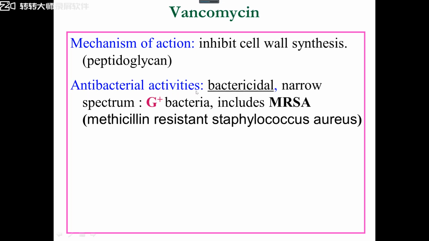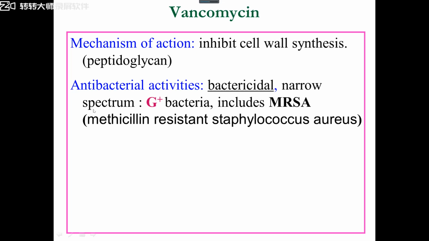antibacterial activities to penicillin. And so we use two words to explain vancomycin. The first word, narrow spectrum. The second word is bactericidal agent. Bactericidal means it can kill bacteria.